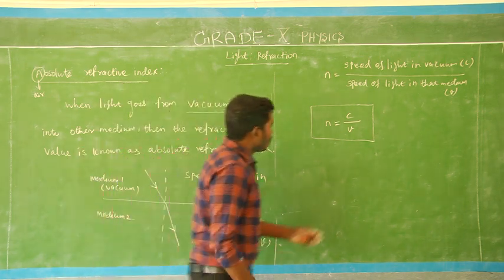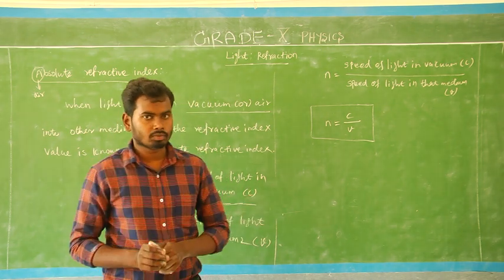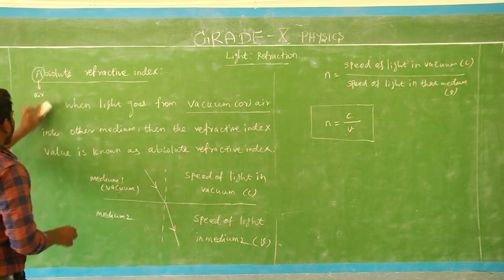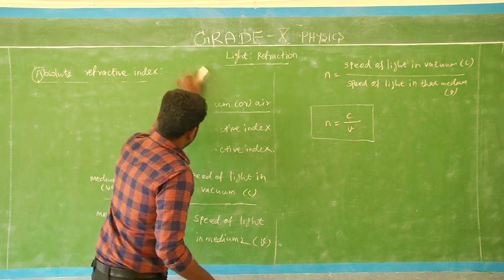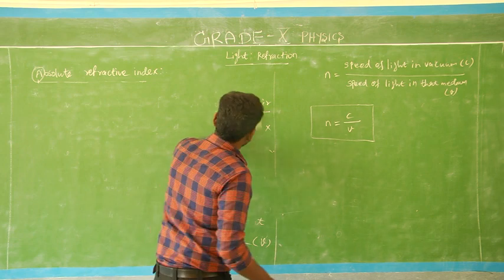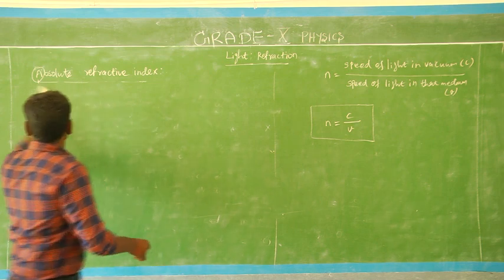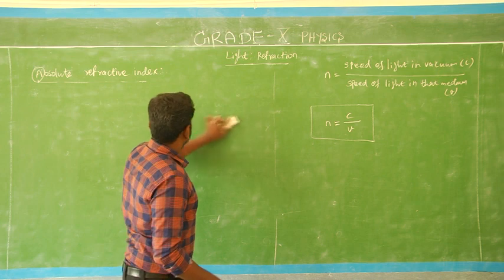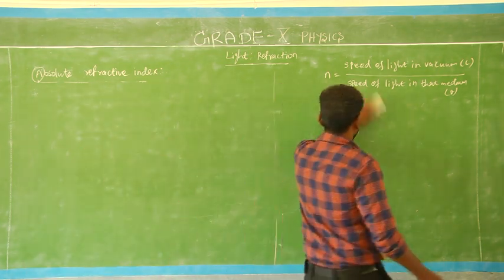Next, with the help of this absolute refractive index, I am going to find refractive index values. Now I am going to give some examples of how to find the absolute refractive index.